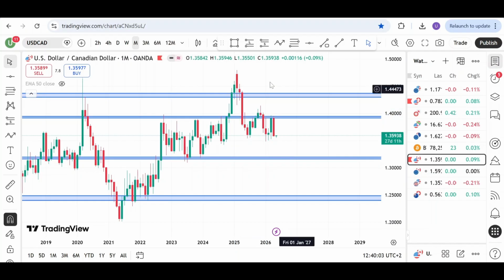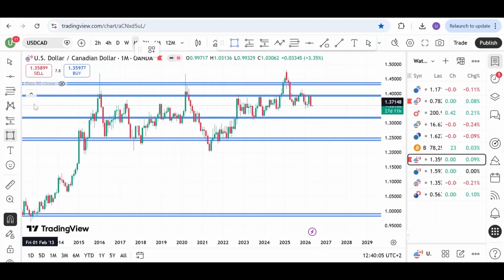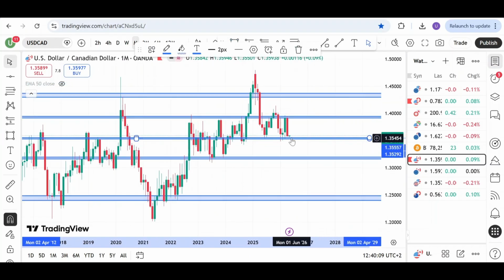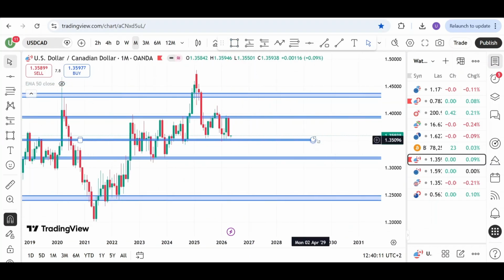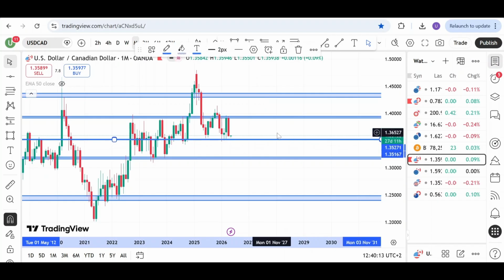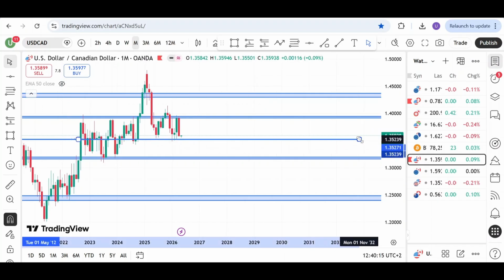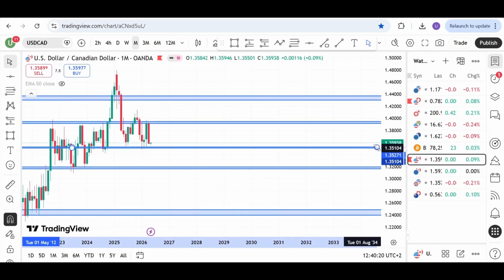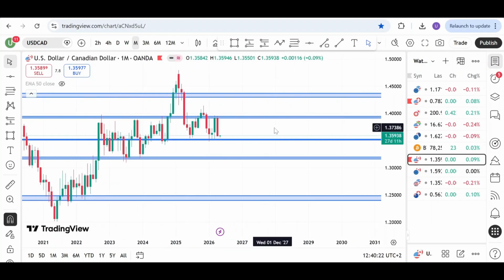But hold on. If you look clearly, there is some zone here. I can say there is a zone here, which is not strong, but more than thrice, three times, the buyers are stepping in.